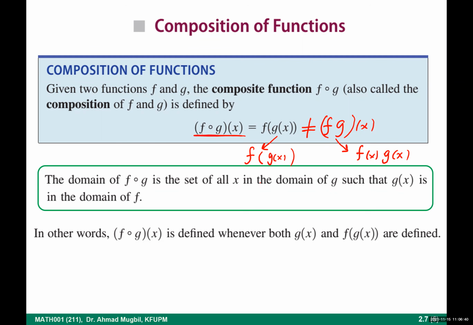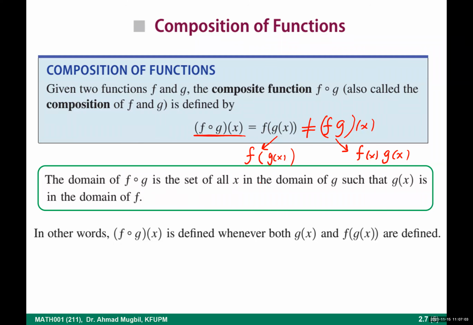Okay. Now, the main idea here that you need to focus on is how to find the domain of the composition. It is not necessarily the intersection. It could be the domain of g only, the domain of f only, so it has a special way to be evaluated. How to find the domain?